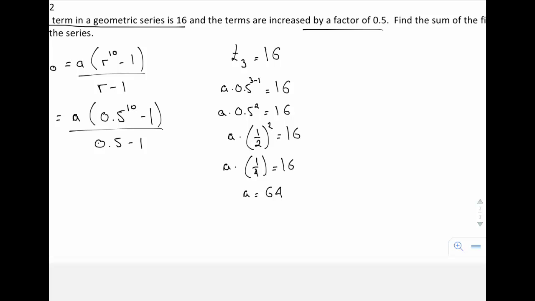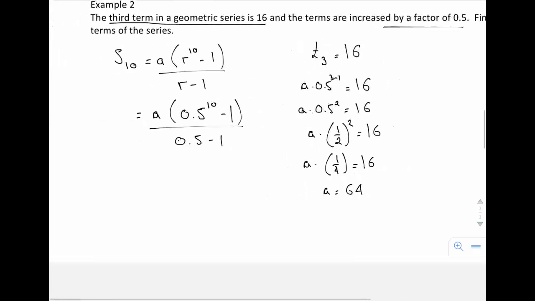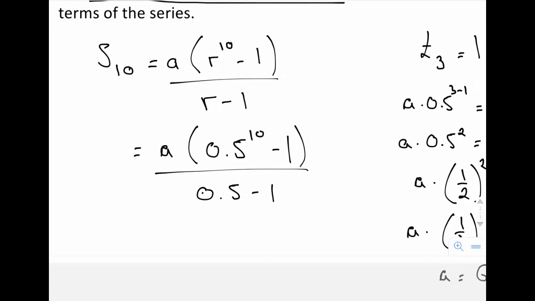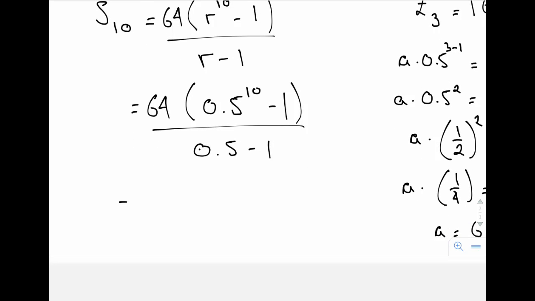64. So 64 is my first term, and if I go back to my formula, I'm going to replace my a values with 64. 64 here, 64 here, and let's see what we get.